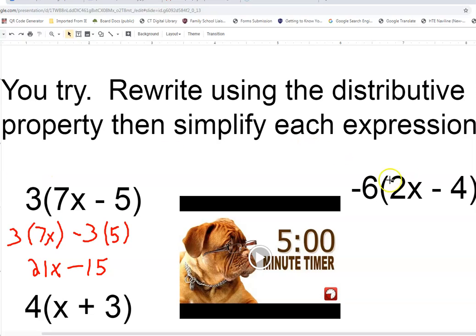Okay, here I've got negative 6 times 2x minus 4, so that's going to give me negative 6 times 2x, and then negative 6 times 4.